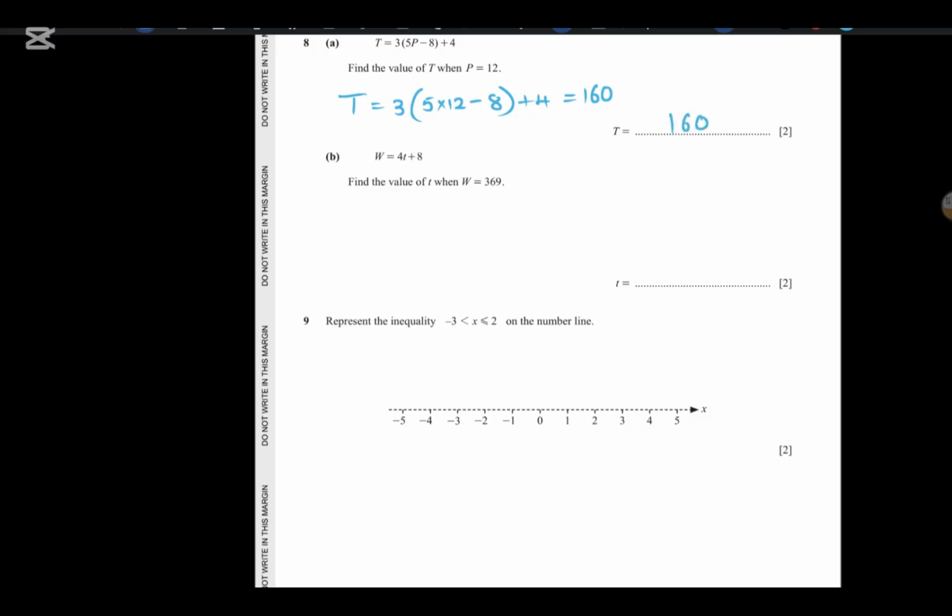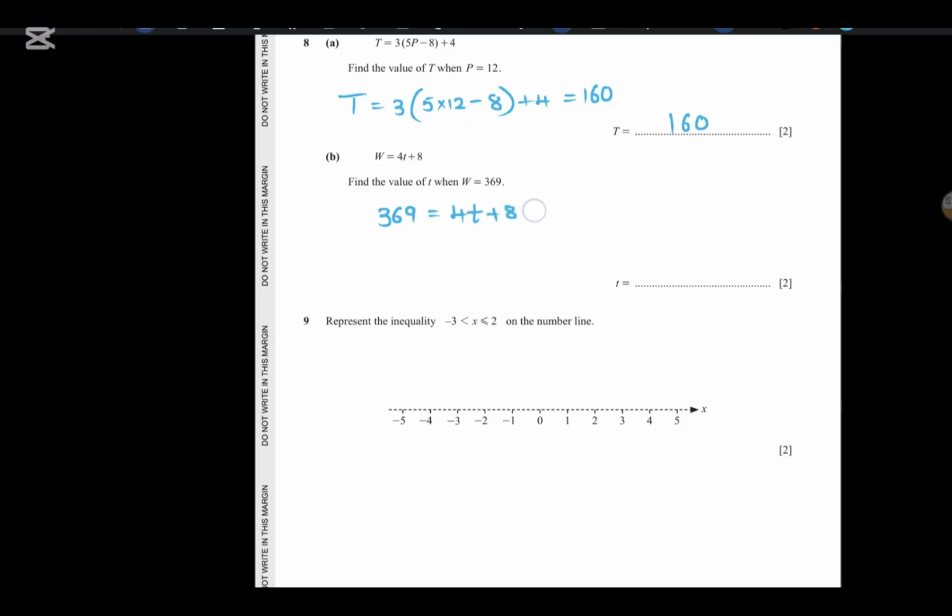Question number B. W is equal to 4t plus 8. Find the value of t when W is 369. So now here we have to take the value of W as 369. So 369 is equal to 4t plus 8.